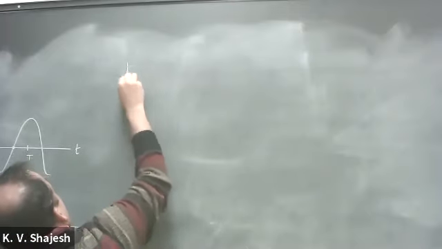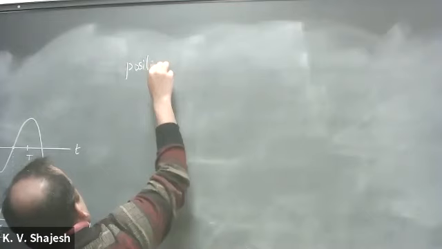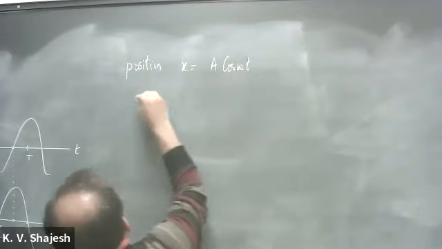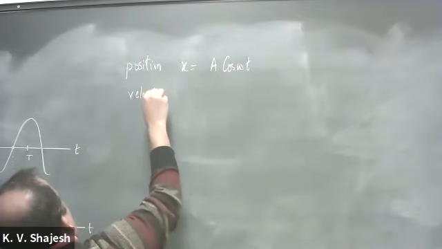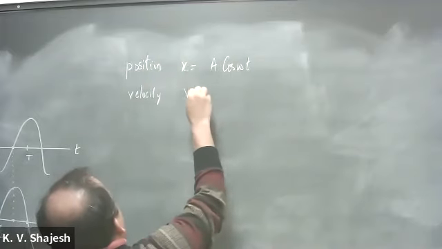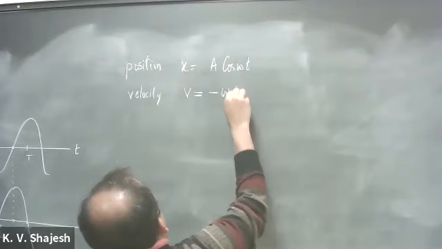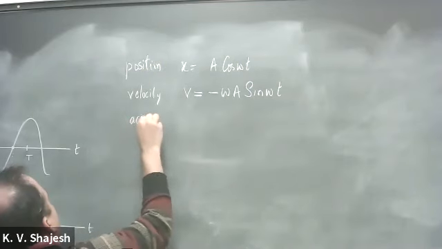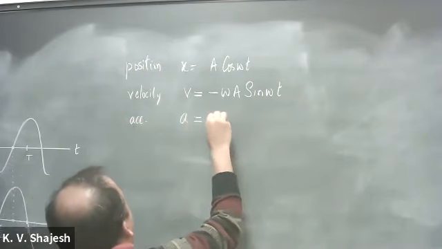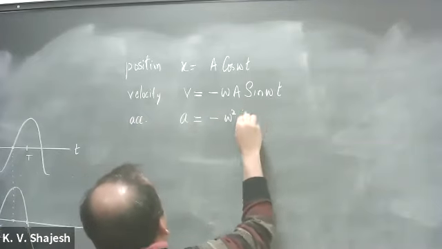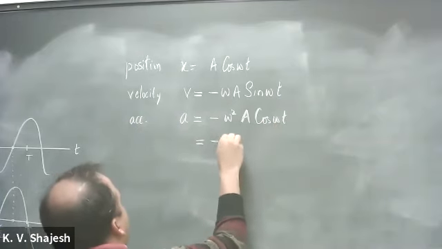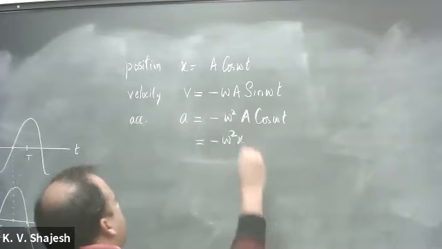So the summary is that position x is a cosine omega t, velocity for simple harmonic motion is v equal to minus omega a sine omega t, and acceleration a is equal to minus omega square times a cosine omega t, which is also equal to minus omega square x, which is our defining feature.